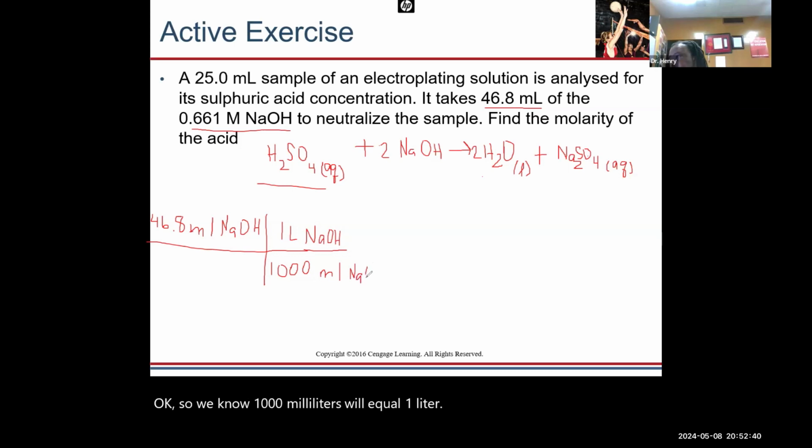Then we can use its concentration, which is 0.661 moles per 1 liter.